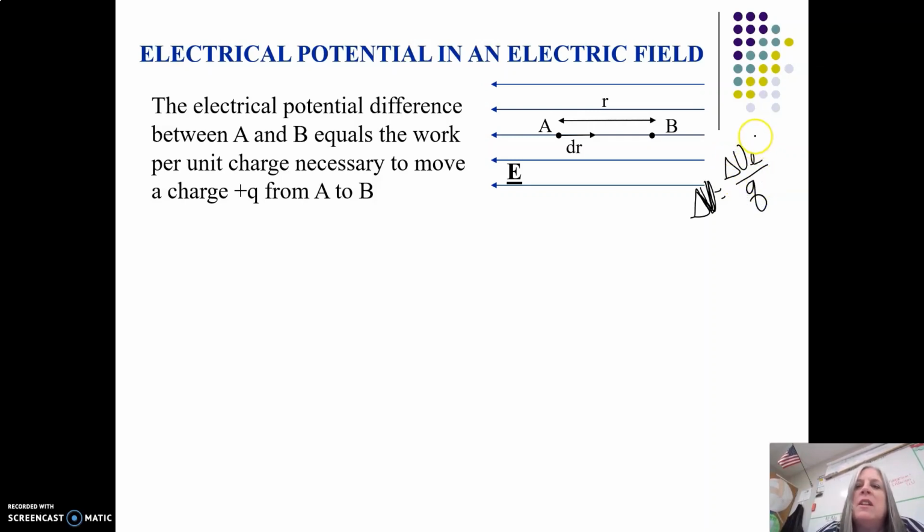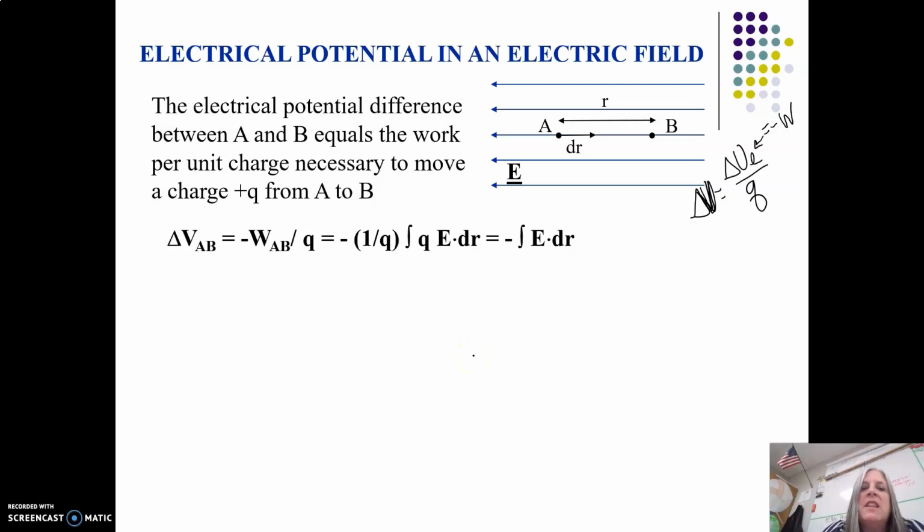But we also know that the electric potential energy is equal to the negative of the work done. So we can say that the electric potential difference is the negative of the work done from A to B divided by the unit charge, or the work per unit charge.